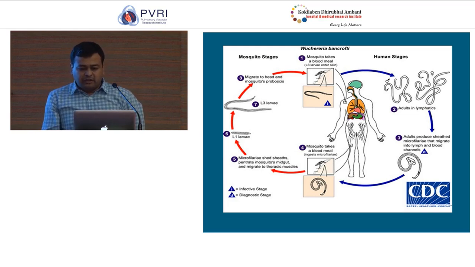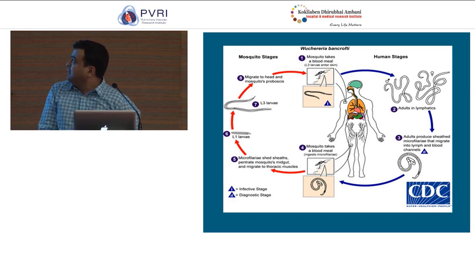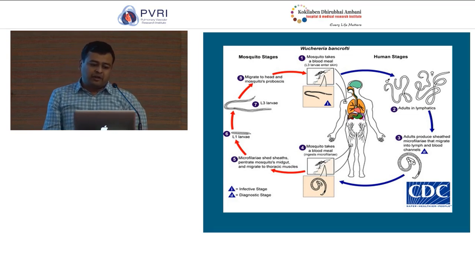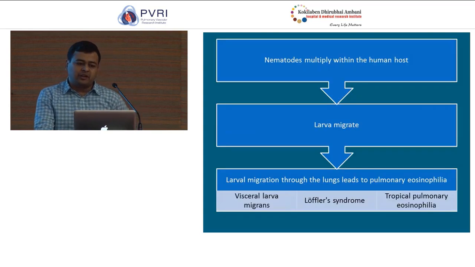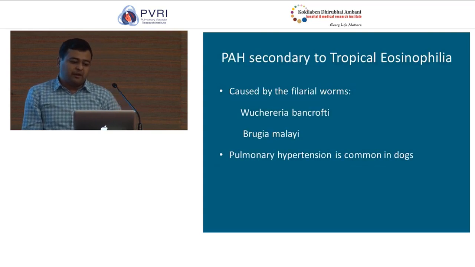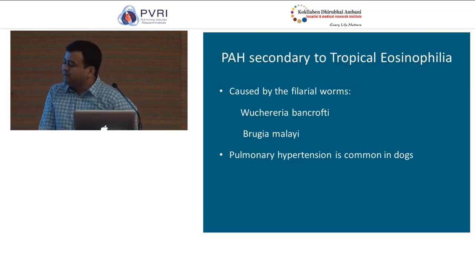There are a few case reports where they have reported PH secondary to tropical eosinophilia caused by Wuchereria bancrofti and Brugia malayi. It has been commonly reported in dogs, where a different species of filaria is known as a causative organism.